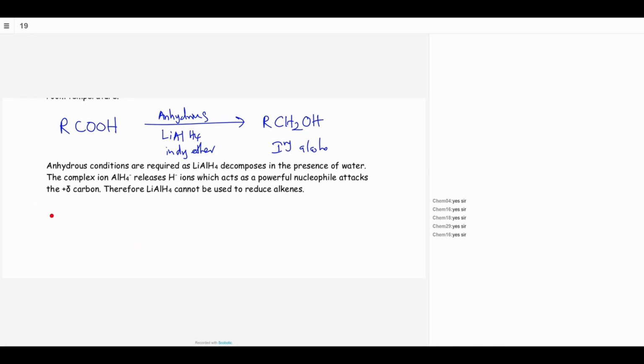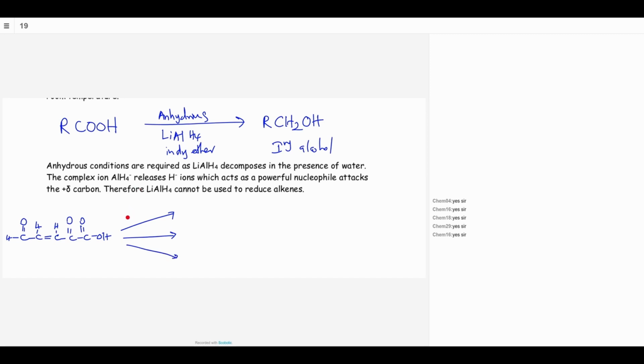So you have an aldehyde group, and you got a carbon-carbon double bond, a carbonyl group of the ketone and a carboxylic acid, and then you've got three reducing agents.